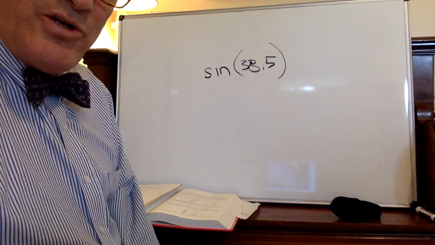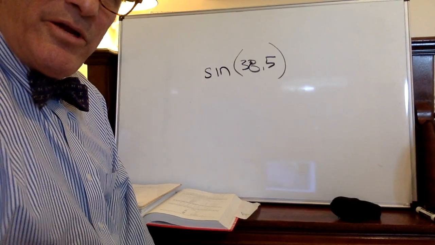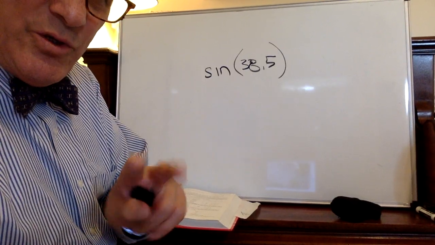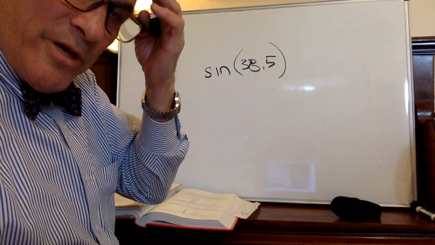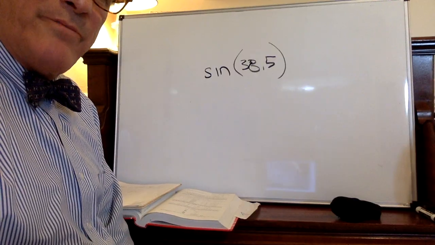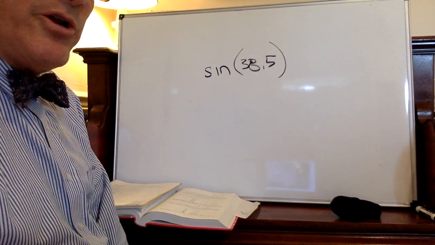If you're in radian measure or gradient measure, if your calculator has those three, generally we'll have two, degrees and radians. We will talk more later in the year about radian measure. Right now, make sure you're in degree measure.